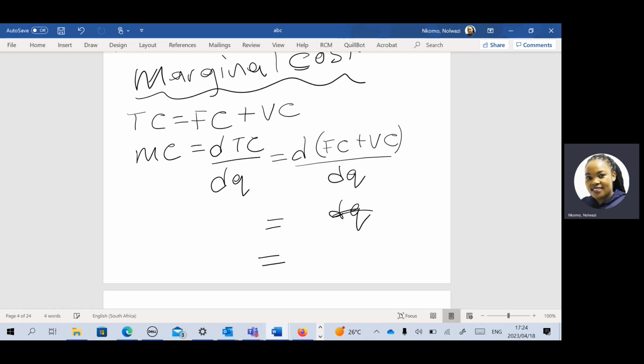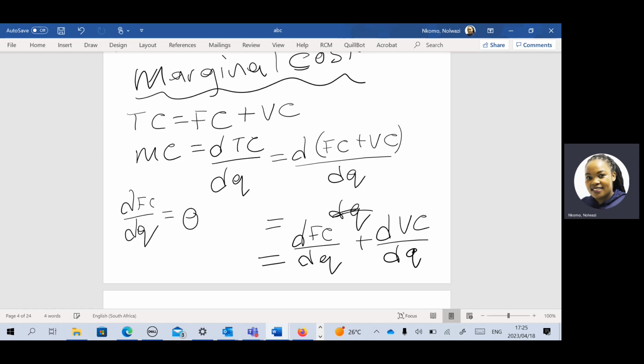Since it doesn't have Q, we know that the derivative of the constant is 0, right? So this means we have the derivative of fixed cost with respect to Q plus the derivative of variable cost with respect to Q. We said fixed cost is a constant, and the derivative of a constant is 0.